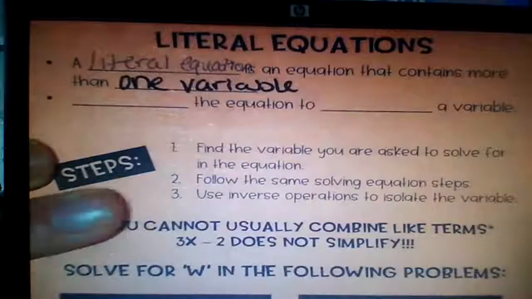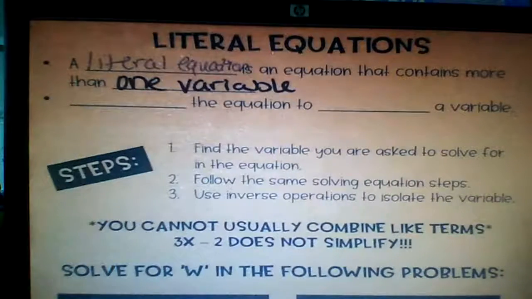Okay, so instead of just having x, we might have x and y. We might have L, W, and H. As long as there is more than one letter, which means you have more than one variable, this is considered a literal equation.